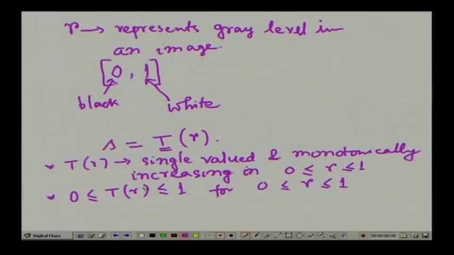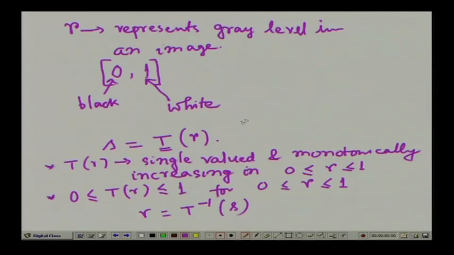So, this ensures that the processed image will have pixel values which are always within the allowable minimum and maximum range. And it can be found that if these conditions are satisfied by T(R), then the inverse, that is R = T inverse of S, will also satisfy these two conditions.